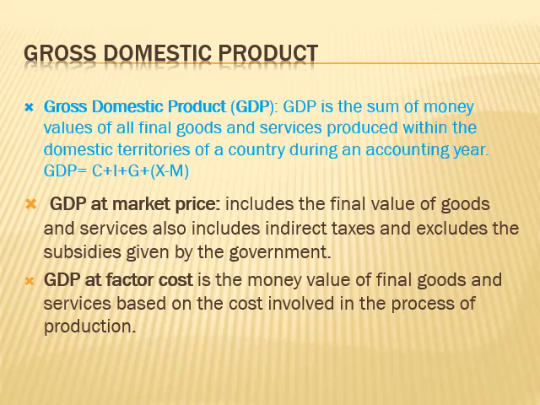There are two forms of GDP: GDP at market price and GDP at factor cost.